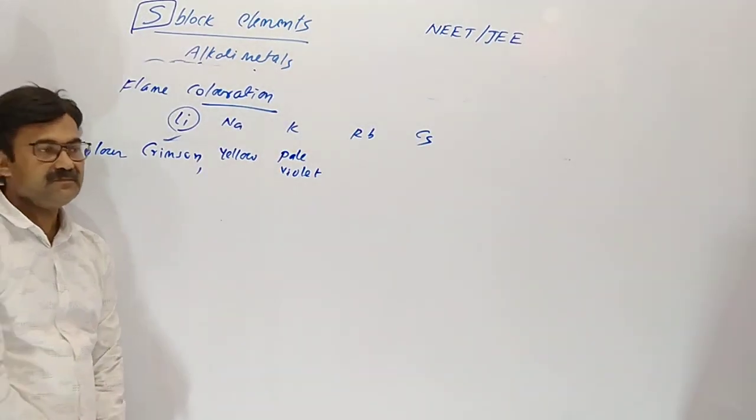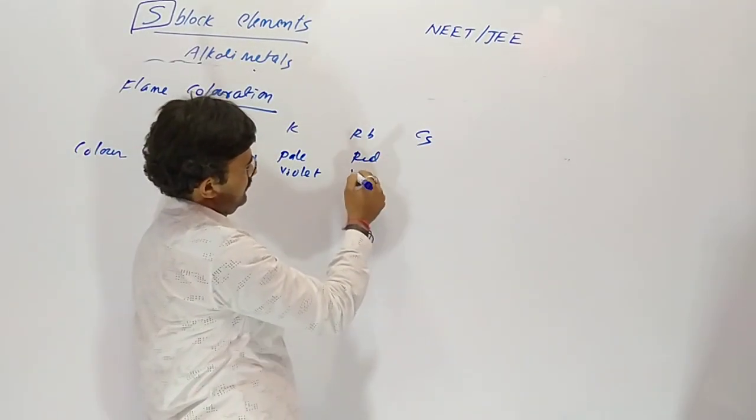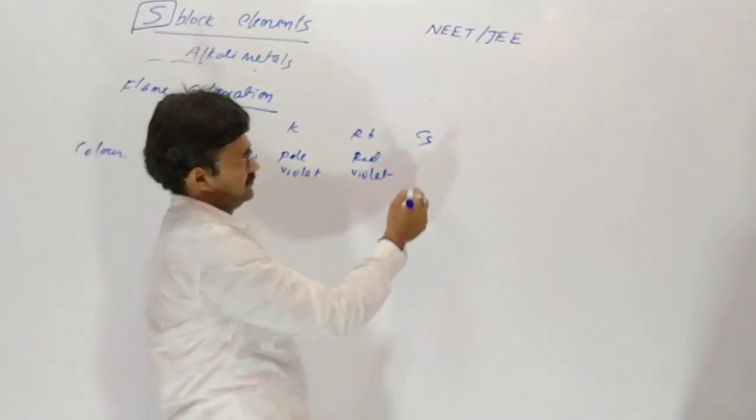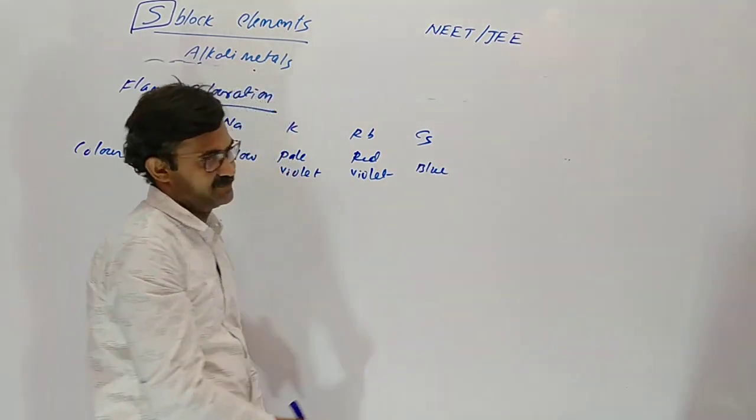Lithium gives crimson color, sodium gives yellow, potassium pale violet, rubidium red violet, and cesium gives blue in the flame test.